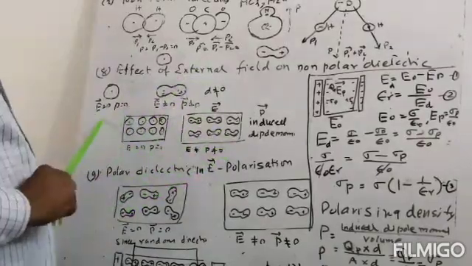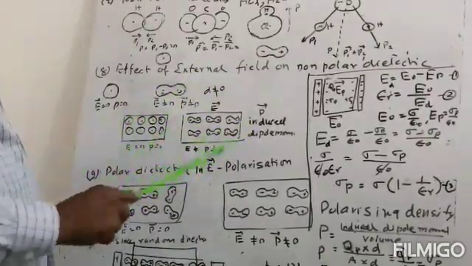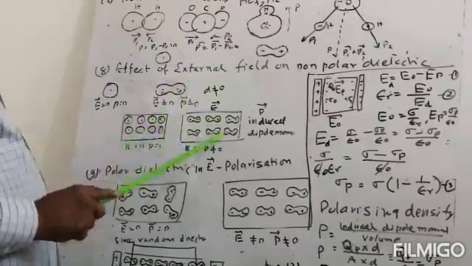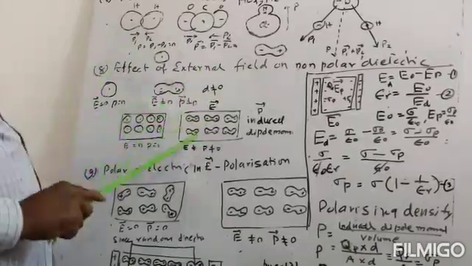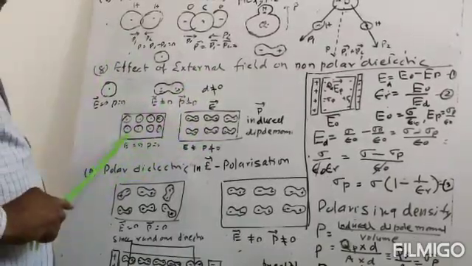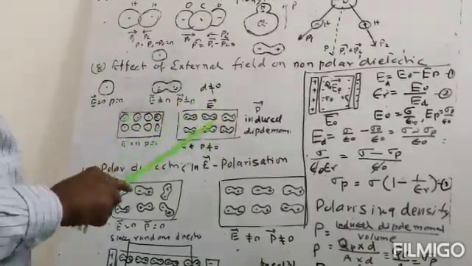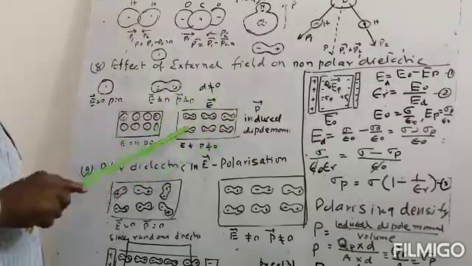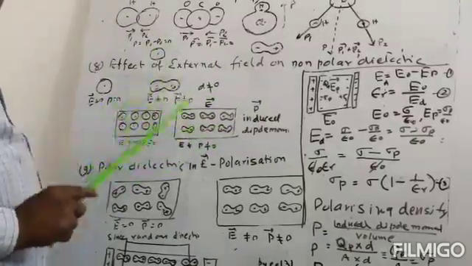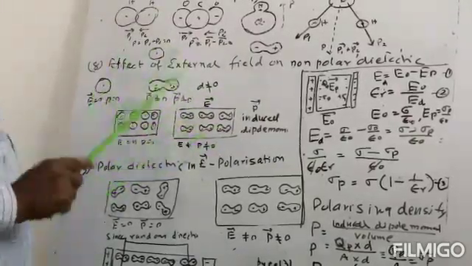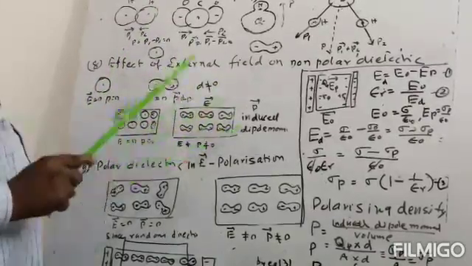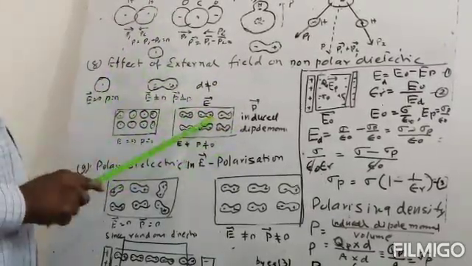So for a non-polar molecule or non-polar dielectric, the dipole moment is 0 when there is no electrical field, and when we apply the electrical field, the dipole moment is not 0. Such a dipole moment is an induced dipole moment. This is not a permanent dipole moment.